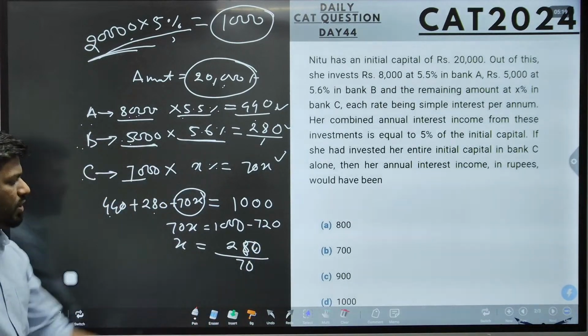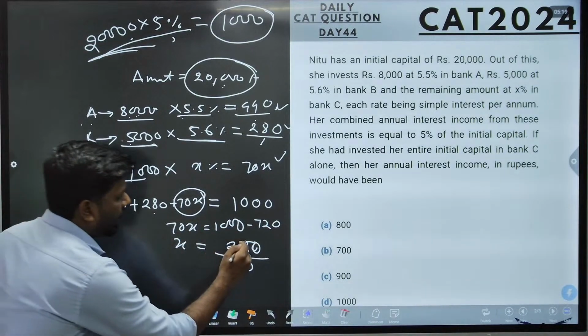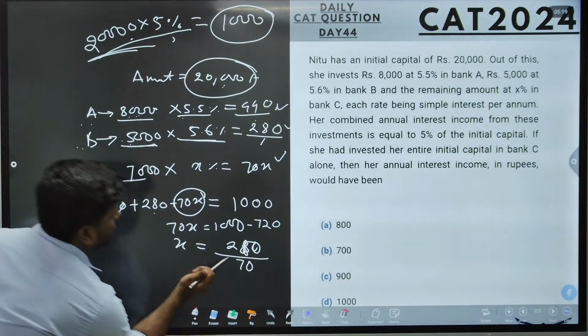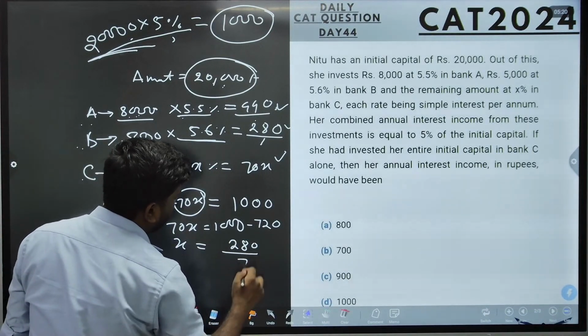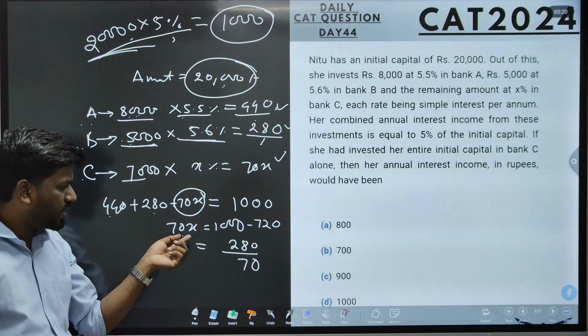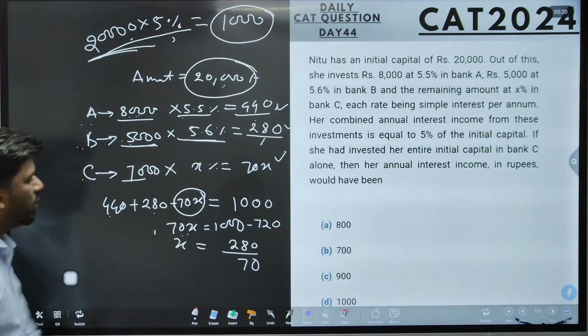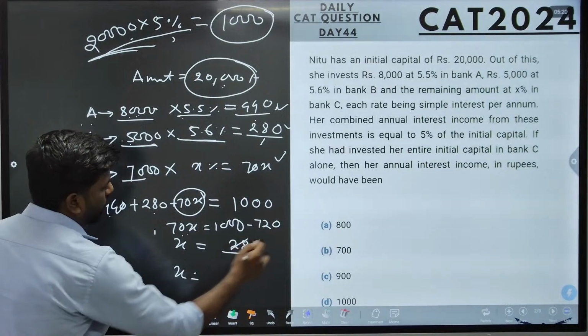All right, after taking 720 out of 1,000 you will be getting 280, and 280 divided by 70. Let me write this properly. Where is this 70 coming from? This is multiplied with x, so this 70 will shift out in the division form. So x will be equal to 4.